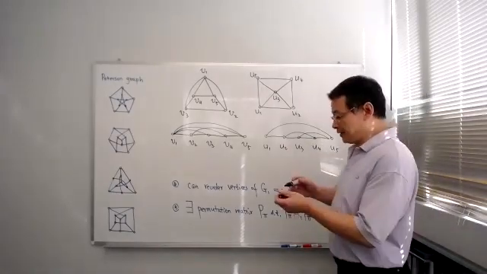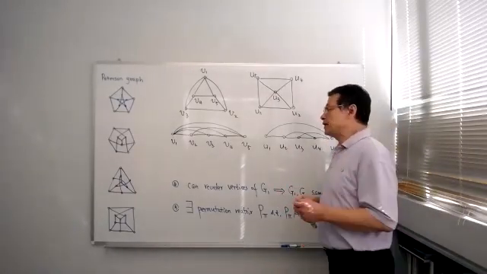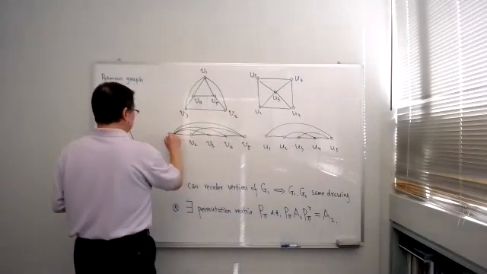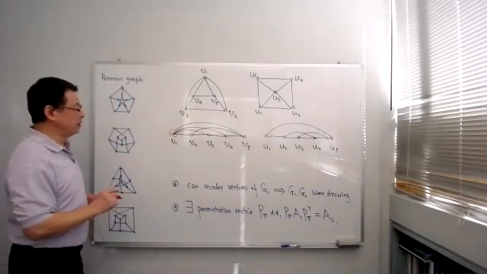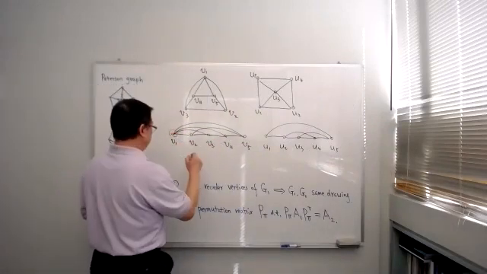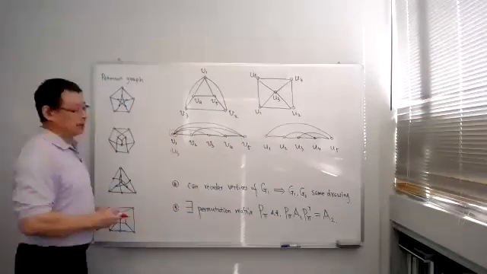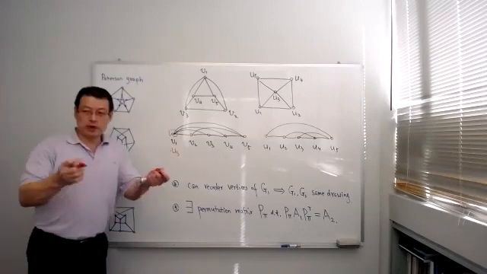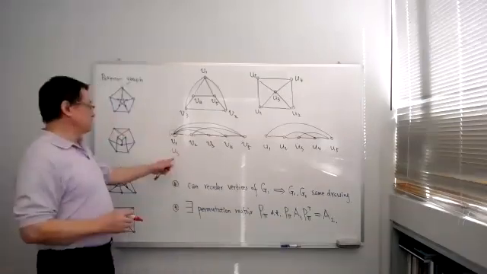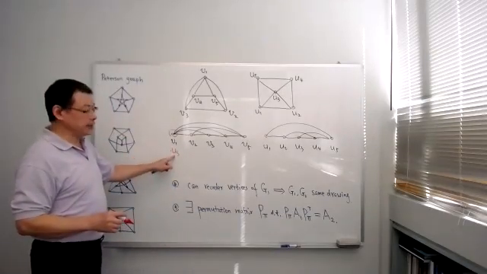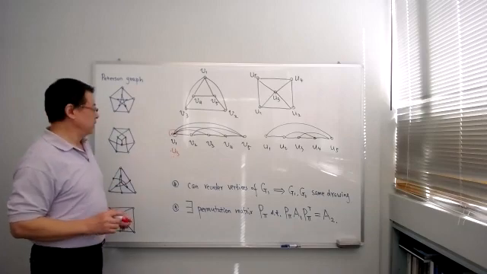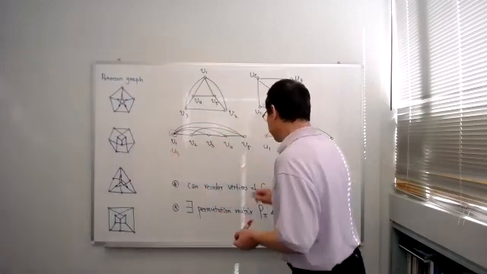What happens is, for this one, it's quite simple. V3 will correspond to U3. Isomorphism is a bijection, okay? So actually, V3 will correspond to U3. Maybe I give you the reordering first.